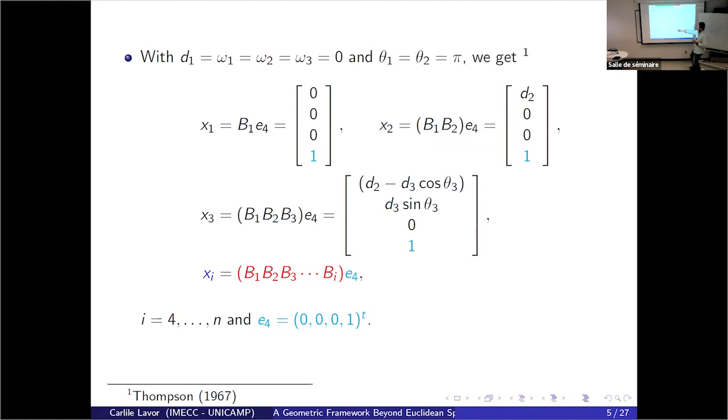This is why it's important to calculate the atomic position. And now I'm using the homogeneous coordinates, which allow us to represent translations using matrices. So we just multiply matrices: B1, B2, and B3 are given a priori. Using B4, we compute X4. Using B5, we compute X5, and so on. Okay?